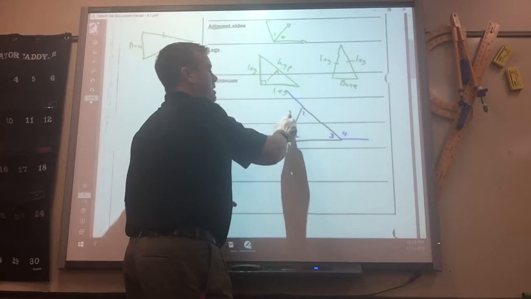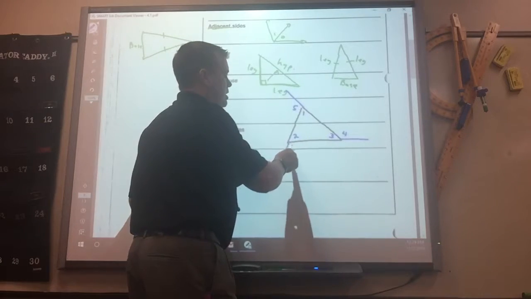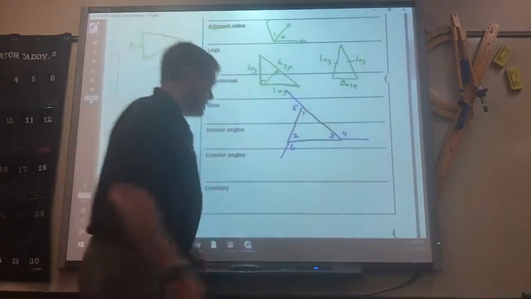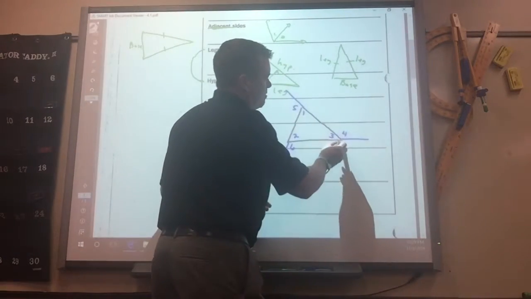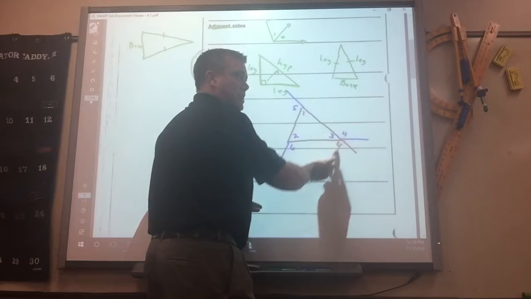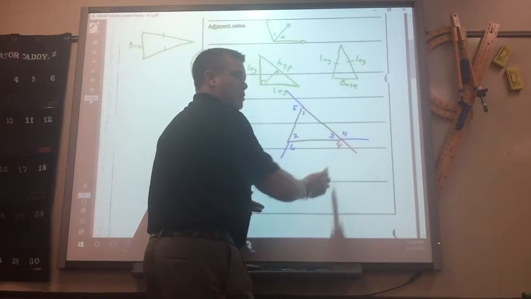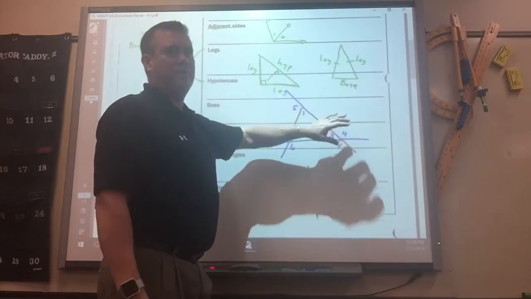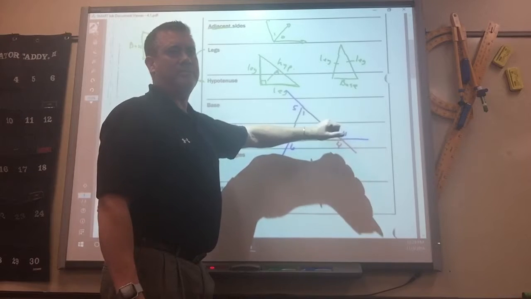If you extend it that way, that makes another one. And this way makes another one. So it really doesn't matter which way you extend it. Because if I would have extended it this way, these two are going to be the same because what kind of angles are they? Vertical. So it doesn't matter which way you extend a side. The angle's just going to be the same.